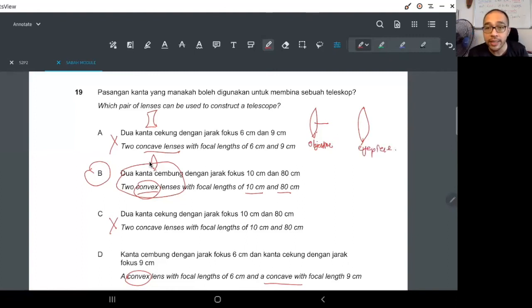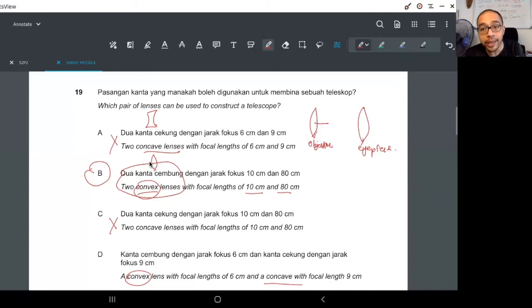The objective lens is the lens that faces the object, which is the sun, the star, the moon, whatever planet you want to see. The eyepiece lens is the one that you put your eye to see.